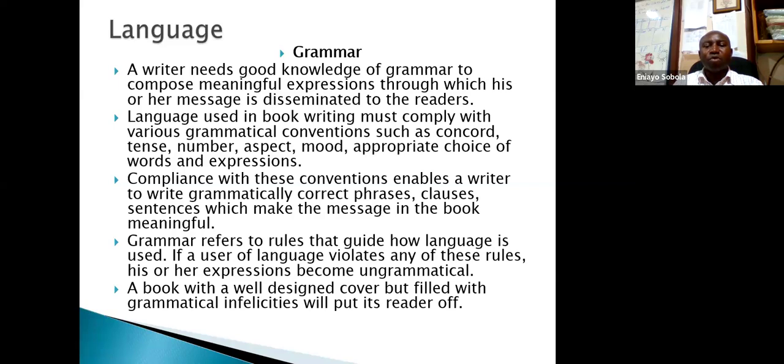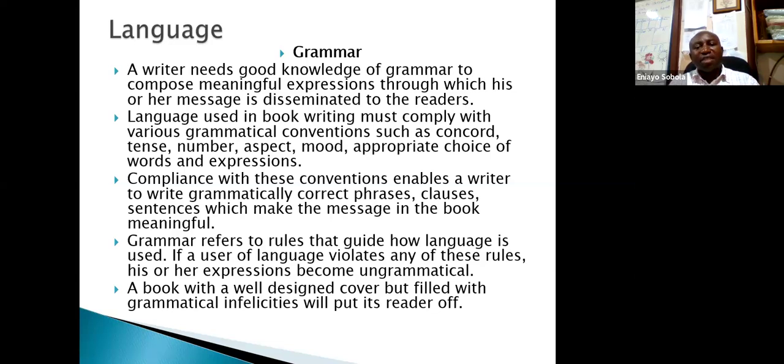If the person does not have a good command of the language being used in that book, there will be a serious issue. The person might have invested a lot, paid a lot of money, and after the book is produced, later realize that the book has a lot of grammatical infelicities. And that may discourage the writer and put him in debt.